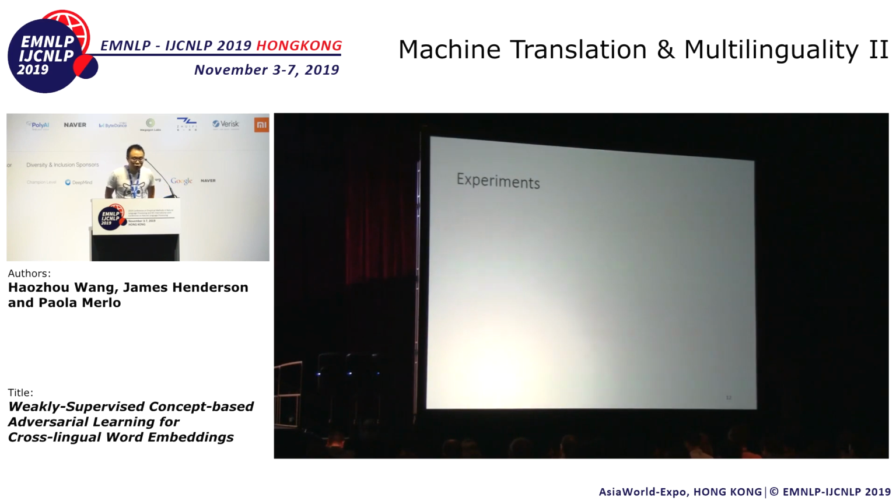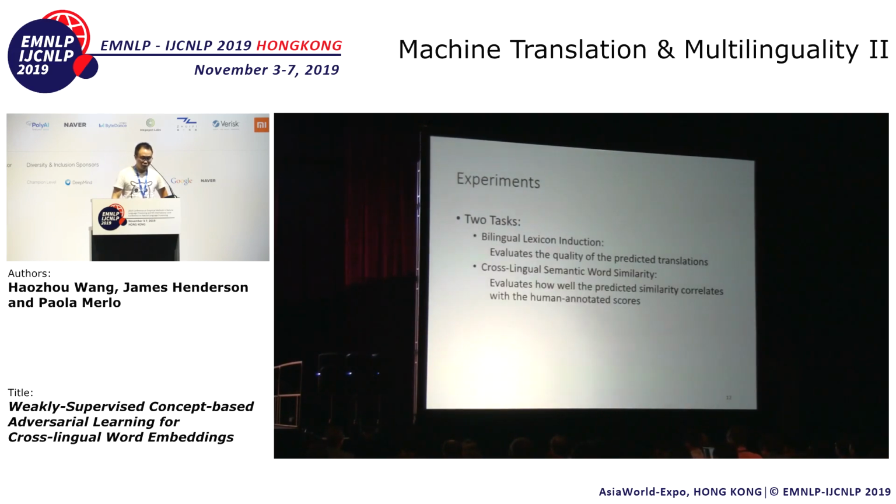For evaluating our method, we have two tasks. The first is a general evaluation task called bilingual lexicon induction, which evaluates the quality of predicted translations. The other task is called cross-lingual semantic word similarity, which evaluates how well the predicted similarity correlates with human judgments.